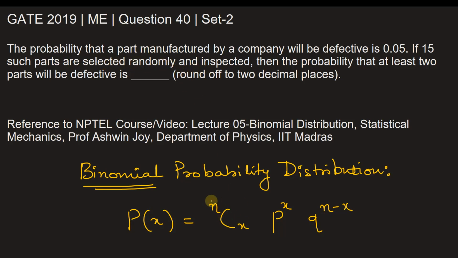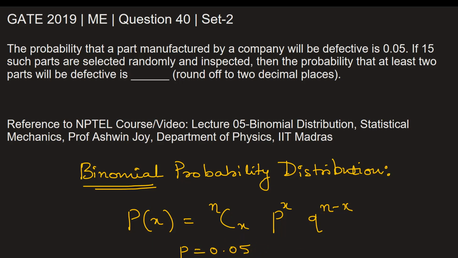That means 15 events are there and those are independent events. And q will be the probability that the part is not defective. Also, the probability of a defective part is given as 0.05, so p is equal to 0.05. It's given in the problem.